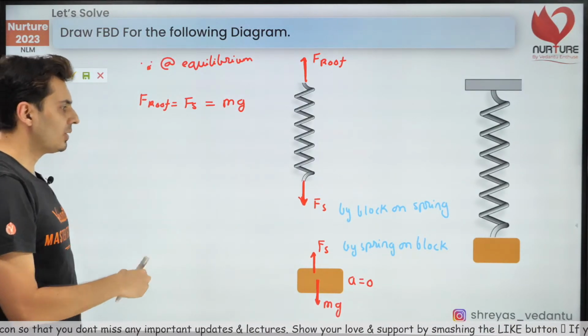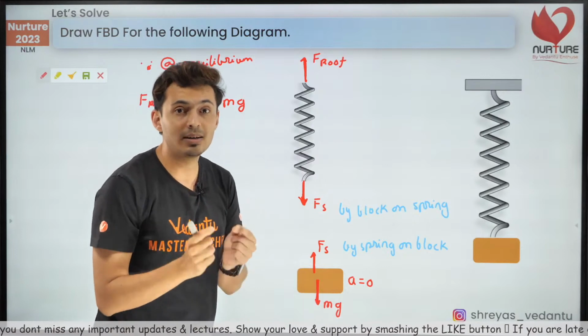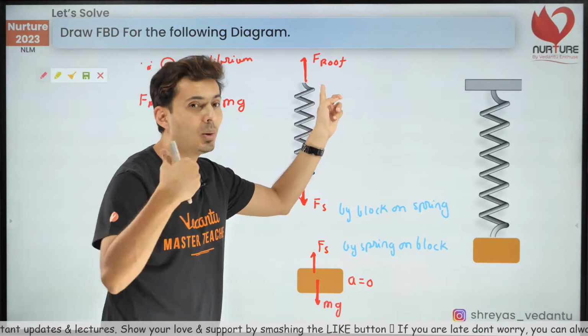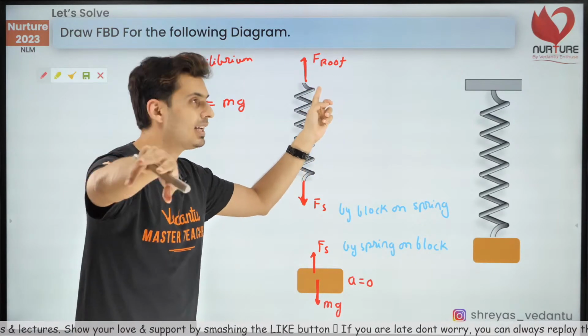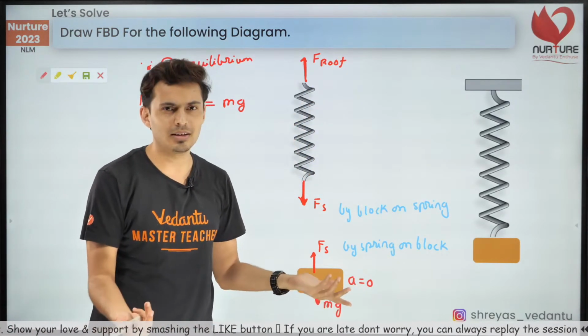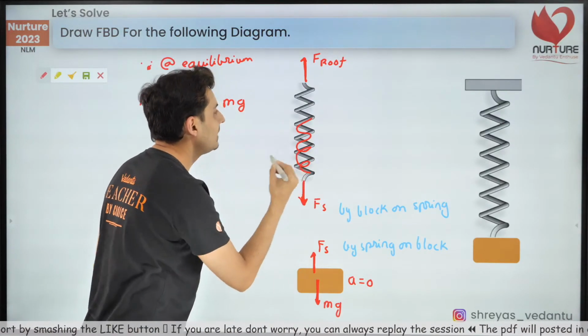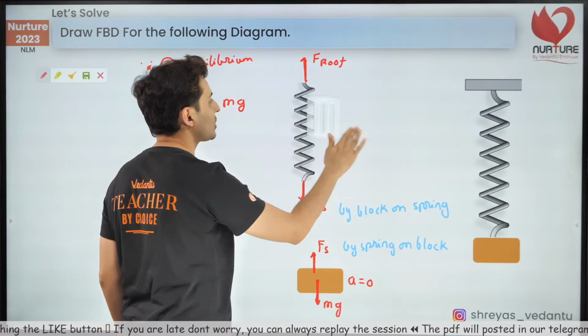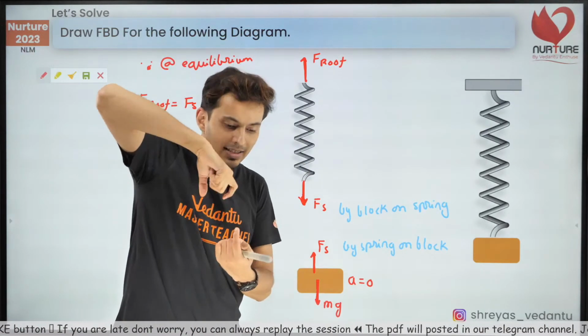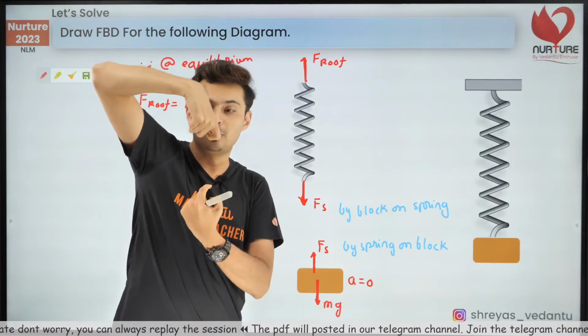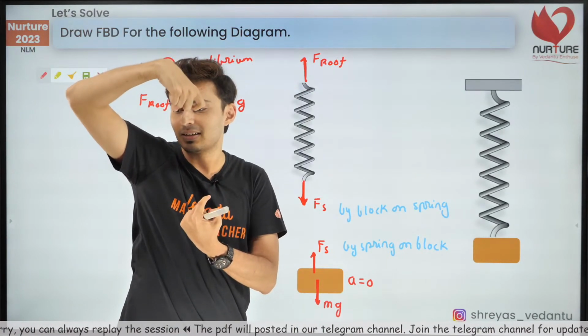But do you remember what the spring force was? It was kx. It's up to you, you can show it as tension. You can show it as force by the roof. It doesn't matter. Yes, in the spring's coil, there will be tension. You can say that there is a hook over there where the spring is being held and there will be a normal force from the top. I hope this is understood.